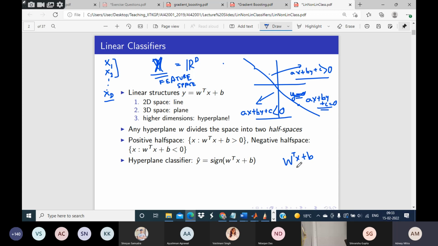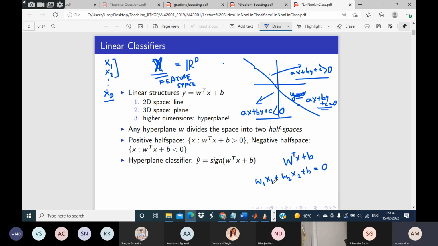So instead of writing ax plus by plus c, I can as well write it as w1 x1 plus w2 x2 plus b equal to 0.